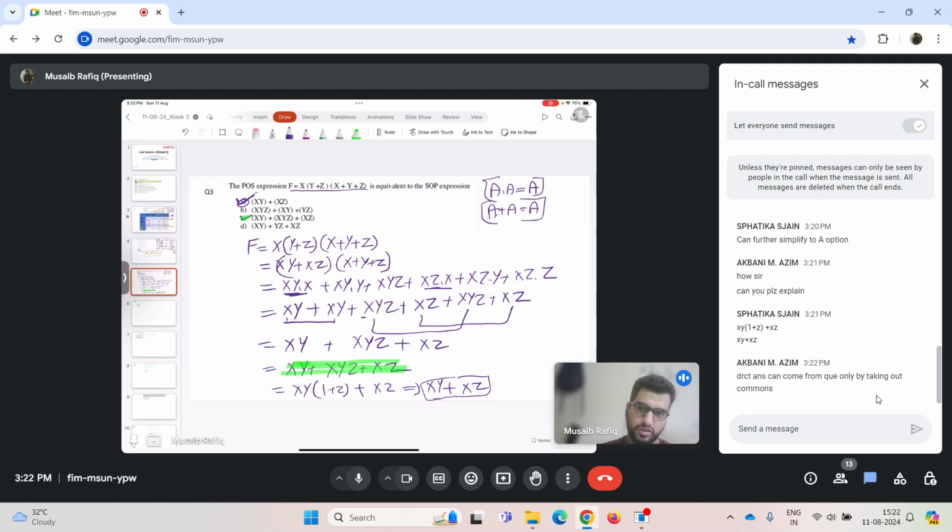I'll check my notes and tell you what to do in this scenario, what should be marked as the correct option, because this was from one of the assignments of, I think, the year before last. I'll check the solution they had given. Other than that, yes, it's right. So minimized will be xy plus xz. You are right. Thanks for pointing that out.